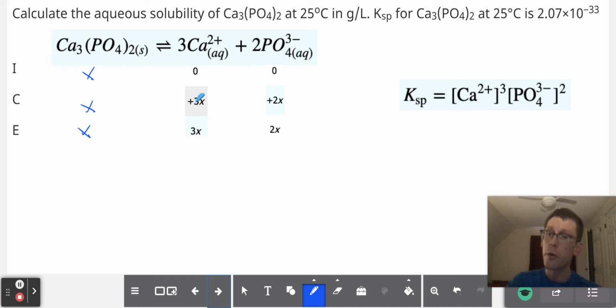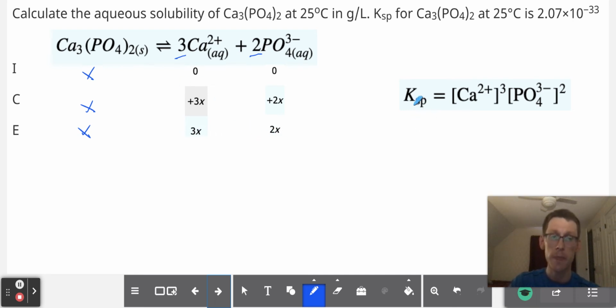We don't know how much. And we don't know exactly how much the phosphate is going to increase by just yet. What we do know is that it's going to increase by 2x. And the 2 is because of the coefficient of 2, and the 3 here is because of the coefficient of 3. And of course, at equilibrium, we just have concentrations of 3x and 2x for our calcium ions and phosphate ions, respectively.